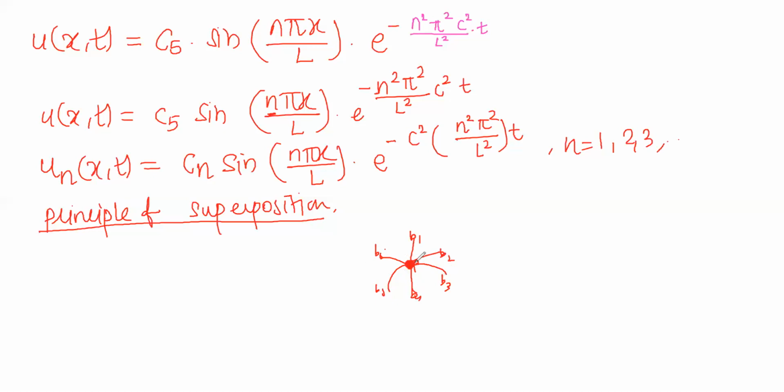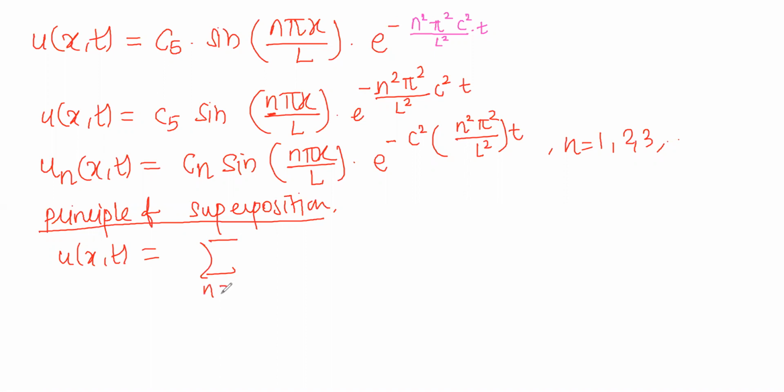So the net result will be his broken face. That's superposition. I'm not disrespecting physics, but to understand this thing, you can take a simple example. So by the principle of superposition, u of x,t will be nothing but the addition of all these solutions.